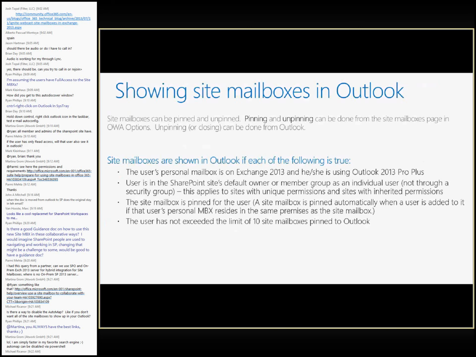Next, if you want users to have visibility of their site mailboxes in Outlook, you have to give them permissions either as a member or as owners for that corresponding SharePoint site. And lastly, the maximum number of site mailboxes that are highlighted within Outlook is 10.